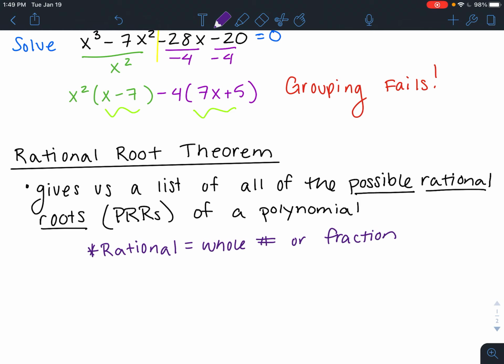If you think about the x-axis, there's an infinite number of whole numbers and an infinite number of fractions along it. So this narrows it down to a much more manageable list of things for us to check. All we're going to do in this first video is talk about how to create this list.